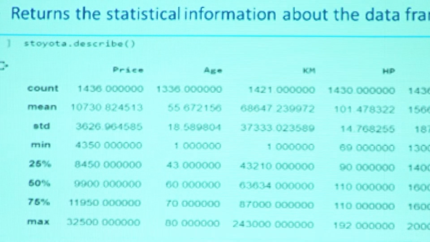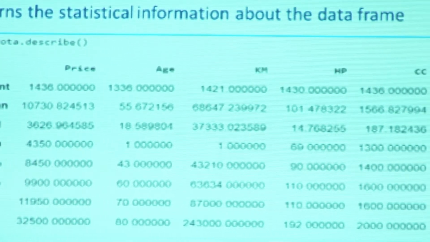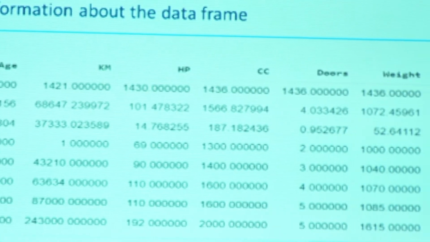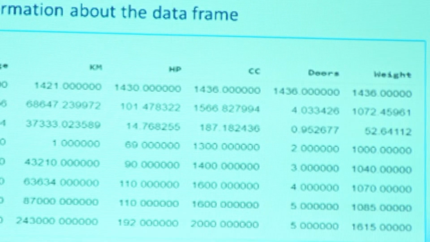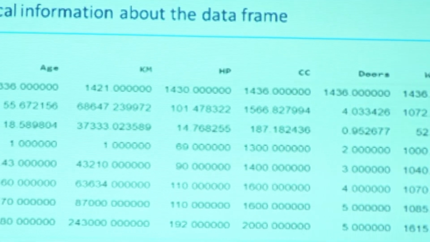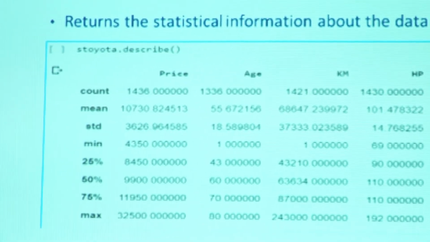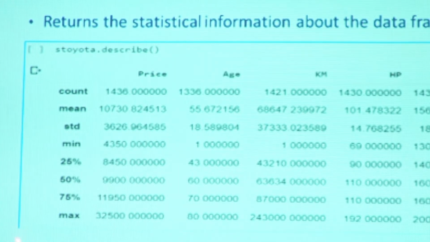Which one is median? 50%. 50% is your median, because median is always the center location of your data set. So here what is the median in describe? 50 it is.